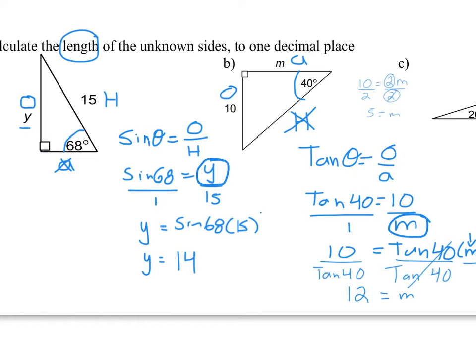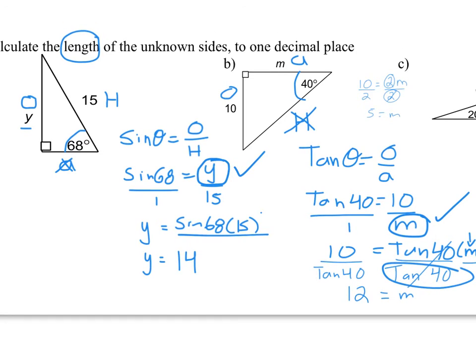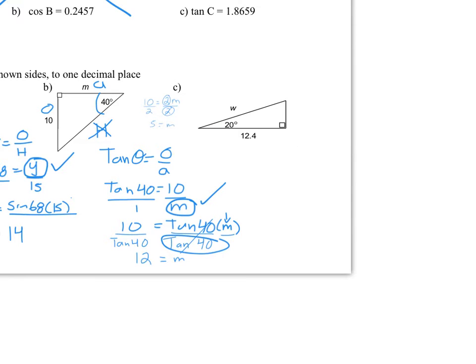Which one am I dealing with? Sine, cos, or tan? Now is the variable on the top or is it on the bottom? If it's on the top, great, it's easy. Multiply them and you're done. If it's on the bottom, cool. Multiply them, then divide.